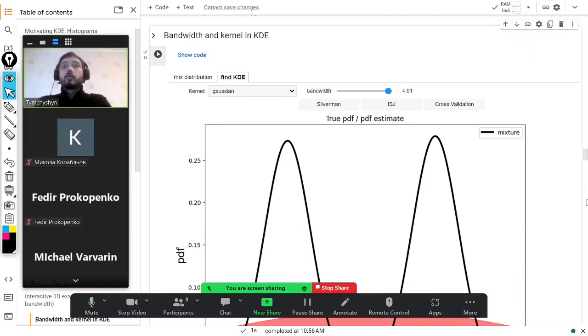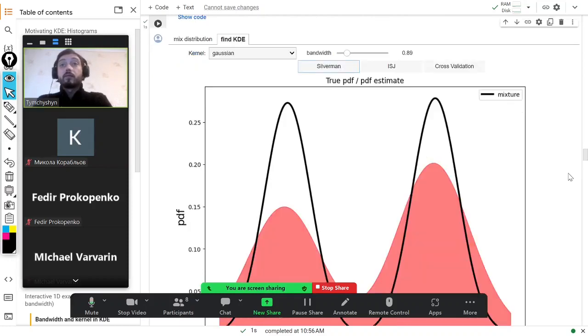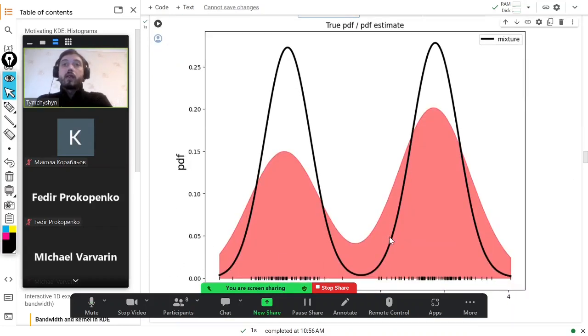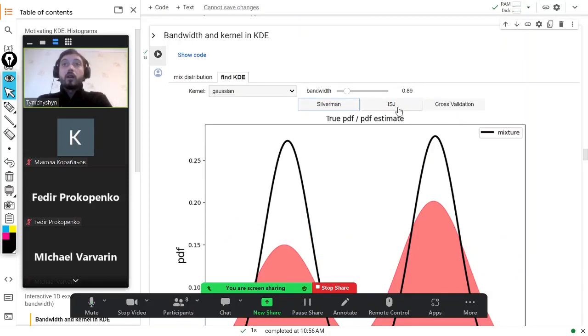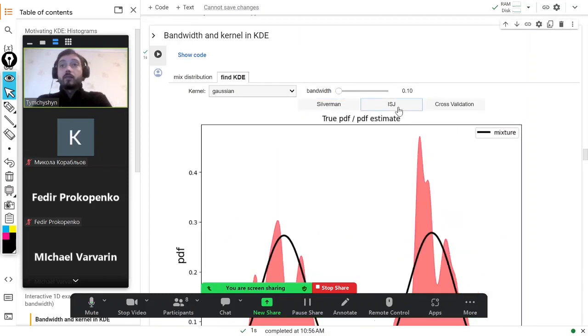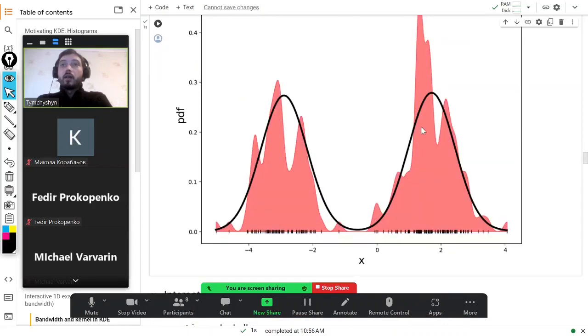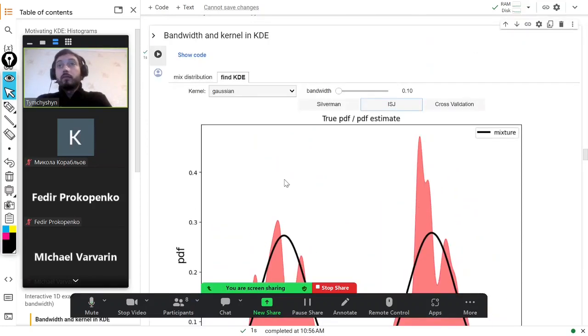Now let me choose the bandwidth of the kernel with different rules. For example, Silverman's rule. So here we have it. It looks more or less nice, so probably this is a good choice. Let's try ISG. In this case, the ISG estimate is not so good. Let's try cross-validation.